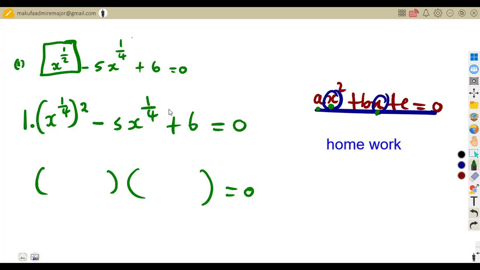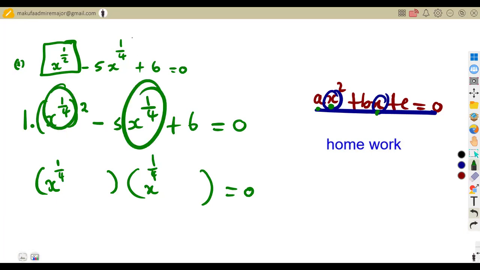So in our brackets, we are going to have x to the exponent of 1/4, x to the exponent of 1/4, in order for us to have it squared. Remember from your factorization, guys, this is by factorization.